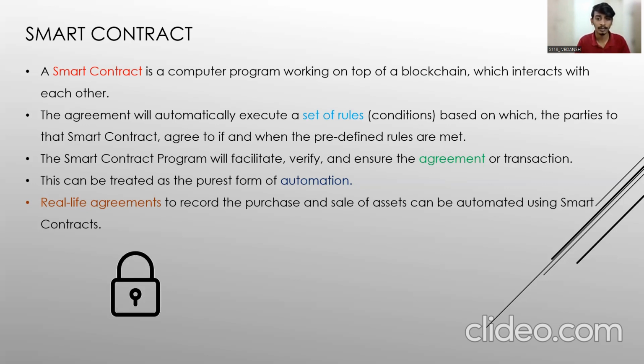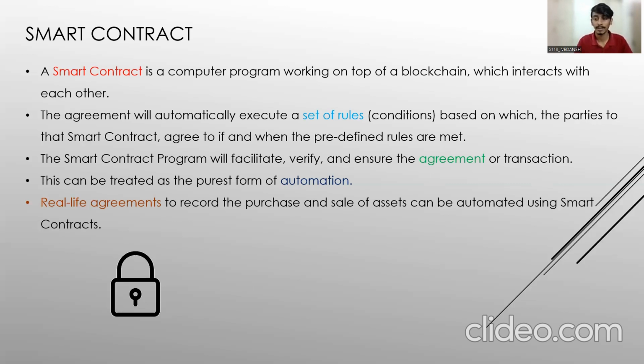What happens in a smart contract is that it's basically like a normal contract or an agreement between two parties. But the only difference is that here we are using code of conditions instead of conditions in the form of words.